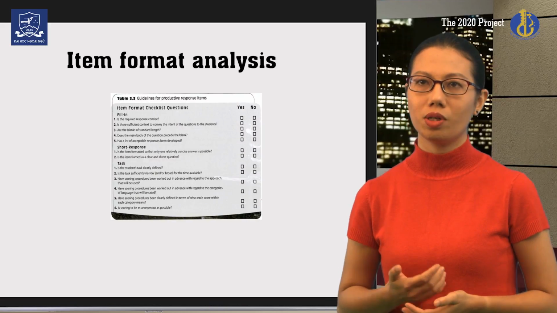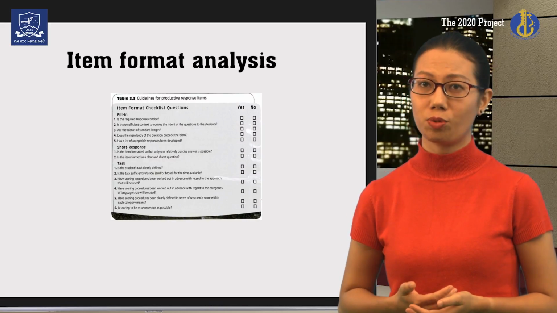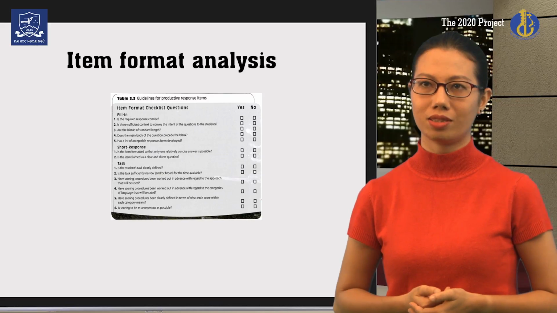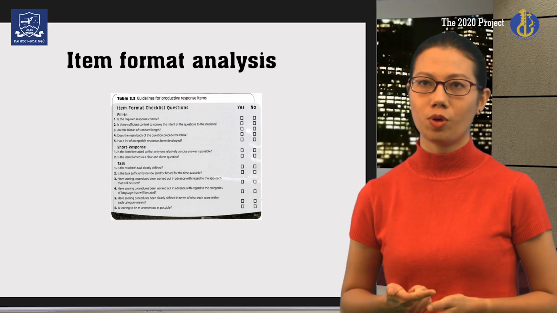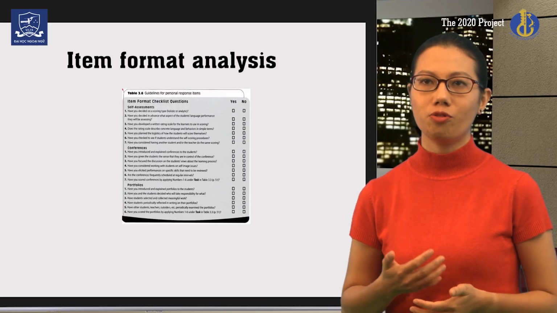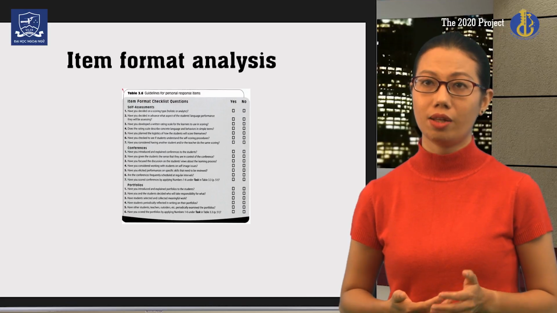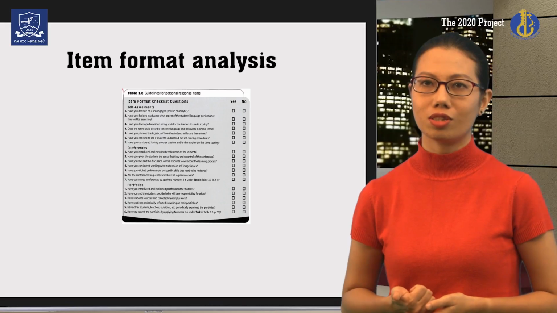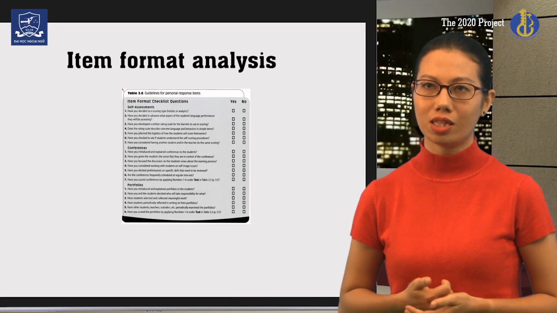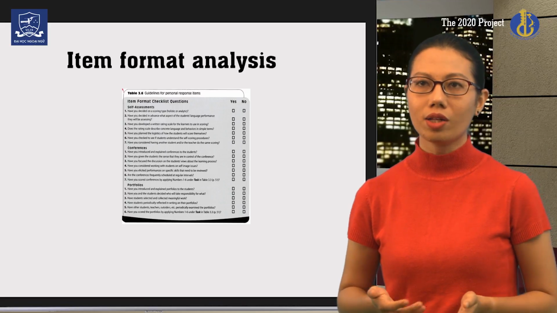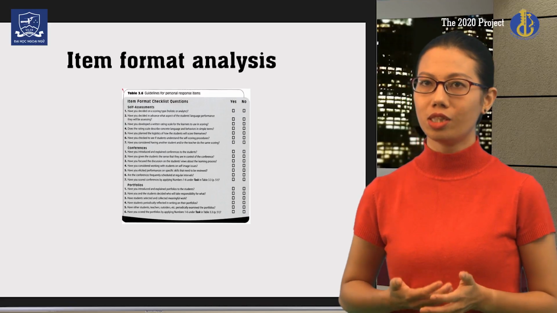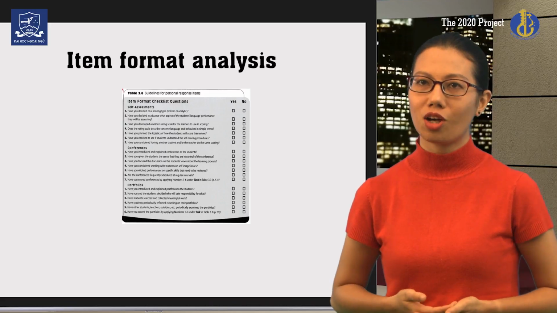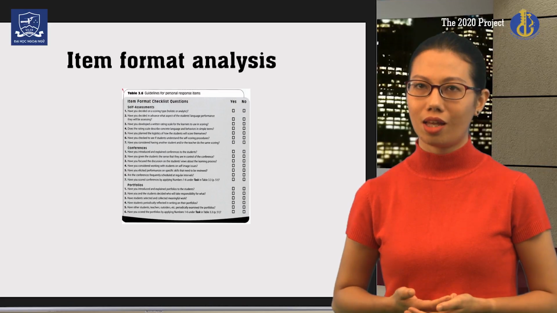A third set will aid with the different types of productive response item formats: fill-in, short response, and task. And a fourth set will aid teachers in formatting personal response item formats: conferences, portfolios, self-assessments. In all cases, the purpose is to help teachers improve the formatting of the items that they use in their language test.